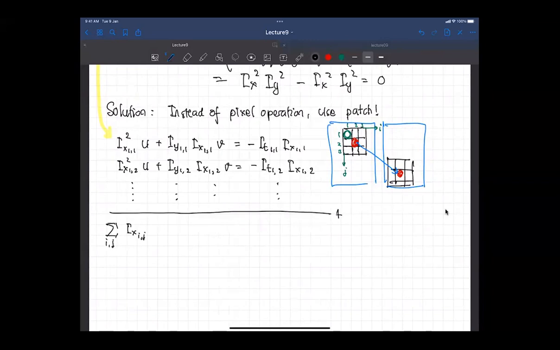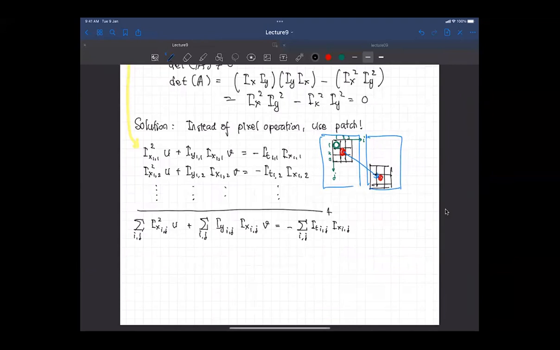The sum of Ixij squared multiplied by u plus the sum of Iyij multiplied by Ixij multiplied by v equals minus the sum of Itij multiplied by Ixij. Agree with me? Okay. So this is called patch space operation for optical flow.